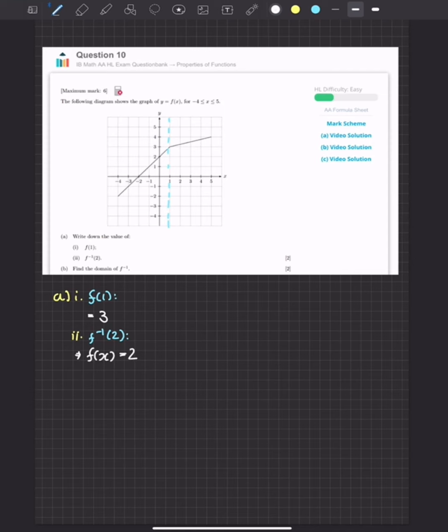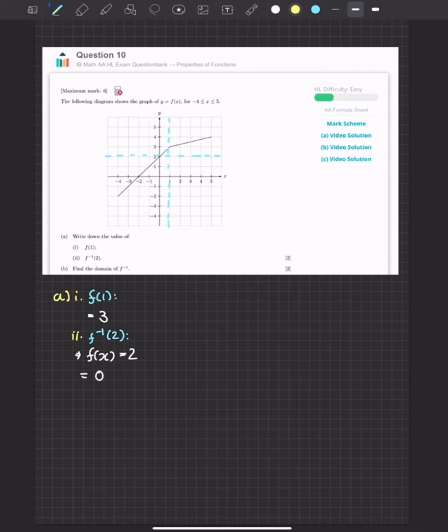And for what value of x is the height or the y-coordinate 2? Well, what we do this time is we draw a nice little dotted line through y equals 2, and we see where it intercepts the graph, and that is over here at x equals 0. So inverse function of 2 is 0.